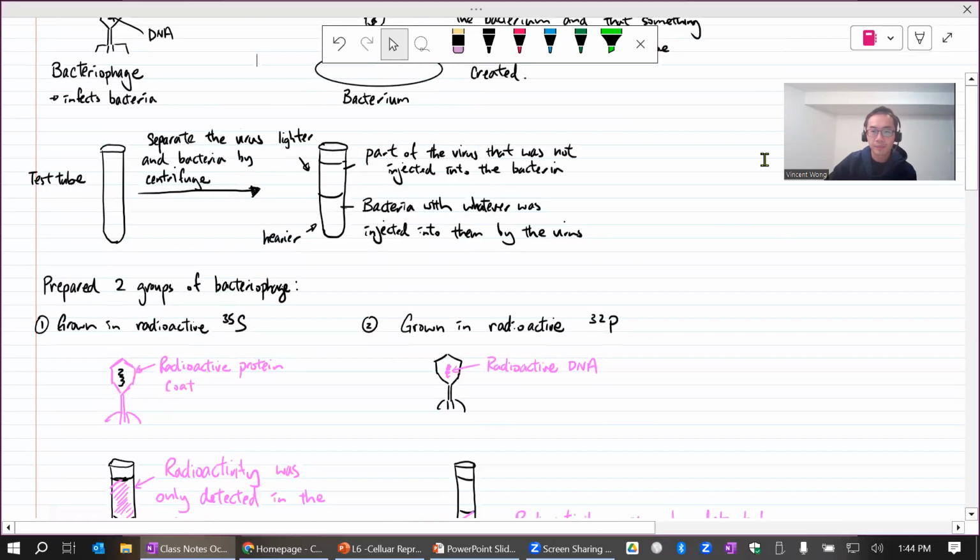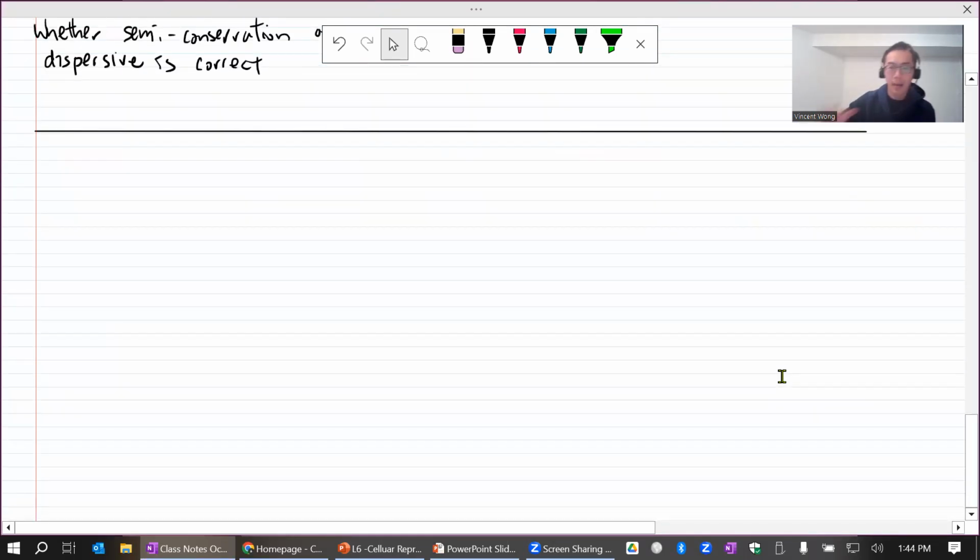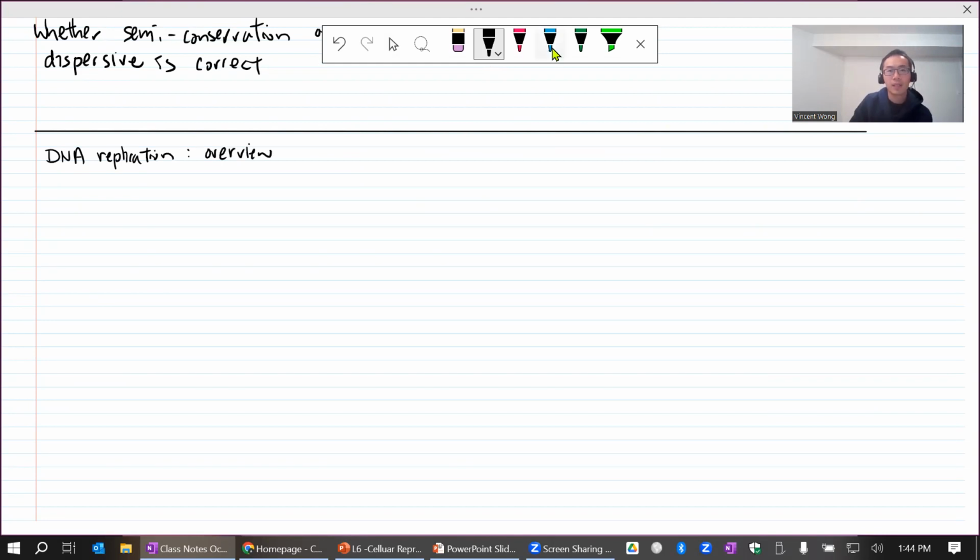Okay. Now, before we do that, though, I do have a few minor drawings for you to take a look at. Maybe this doesn't go on your new page yet. So, DNA replication. Let's do an overview first. So we know that we have a DNA here, two strands.